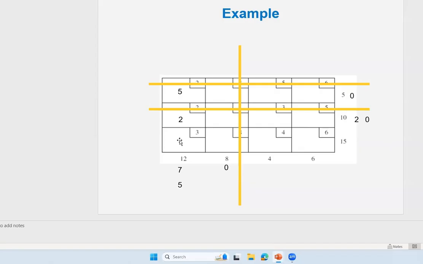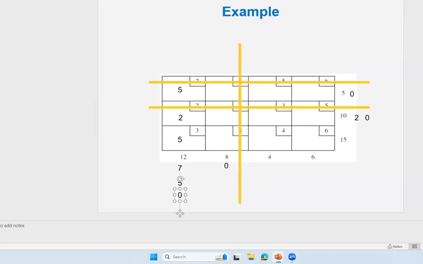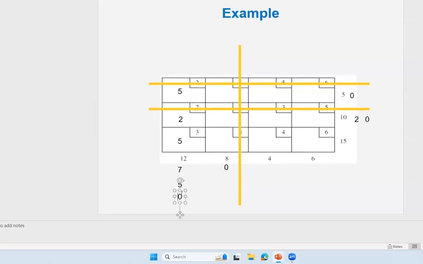So the tableau is reduced to only these 3 cells. What is the minimum cost? 3. So what's the minimum of 5 and 15? It's 5. Add 5 here. 5 minus 5 is 0. 15 minus 5 is 10.